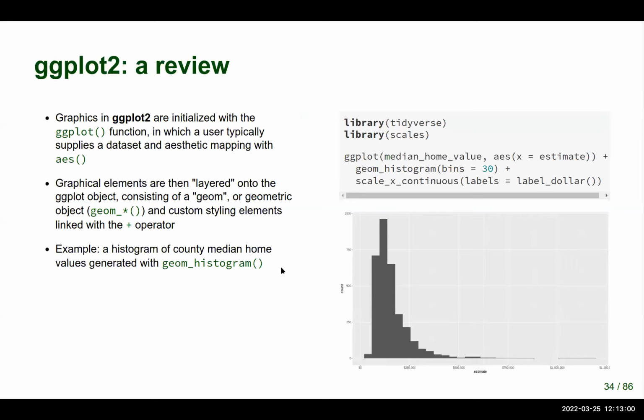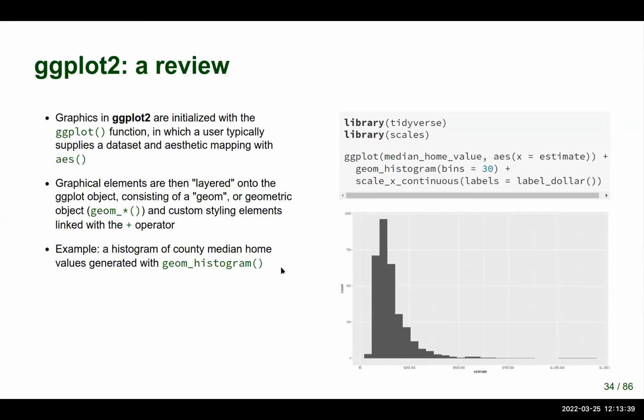And so the way that you create plots in ggplot2 is you typically start with the ggplot function, which initializes your chart. You then supply a data set and then an aesthetic mapping using the aes function. And the aesthetic mapping maps characteristics of your data to different chart elements. So you can map a column to the x-axis or a column to the y-axis, or you can map a column to the color of chart elements.